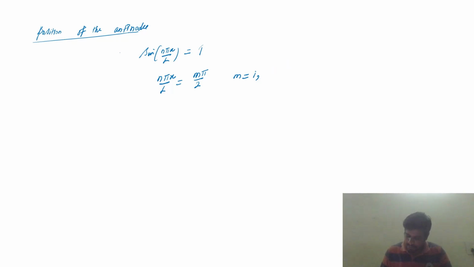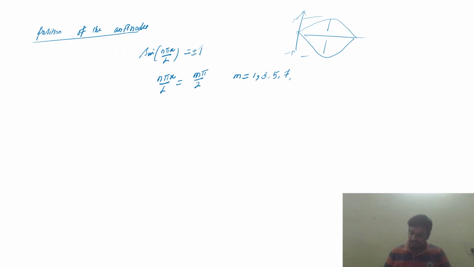Pi by 2, 3 pi by 2, 5 pi by 2, 7 pi by 2. In the antinode, it is either plus 1 or minus 1; it doesn't matter. We are going to take the maximum, either plus 1 or minus 1. So the m values for antinodal points are 1, 3, 5, 7. The odd numbers are the allowed numbers.